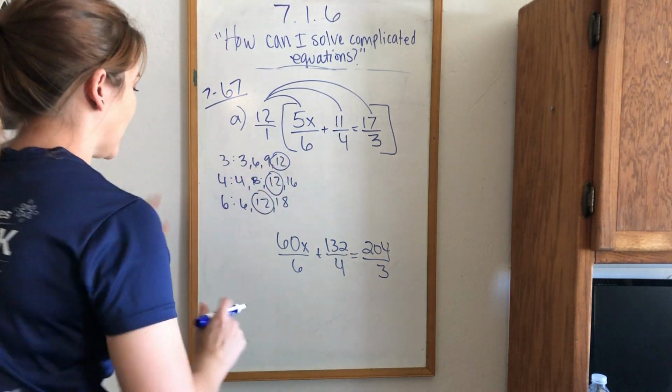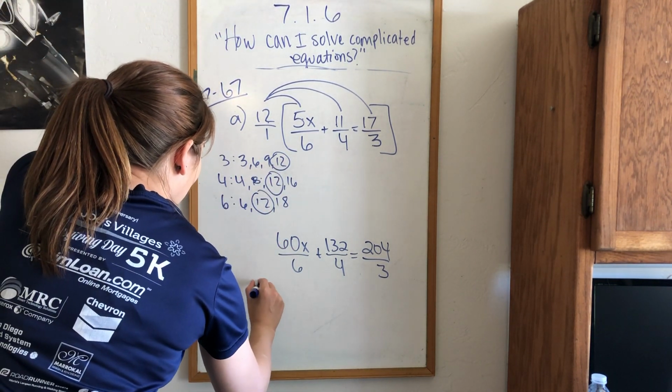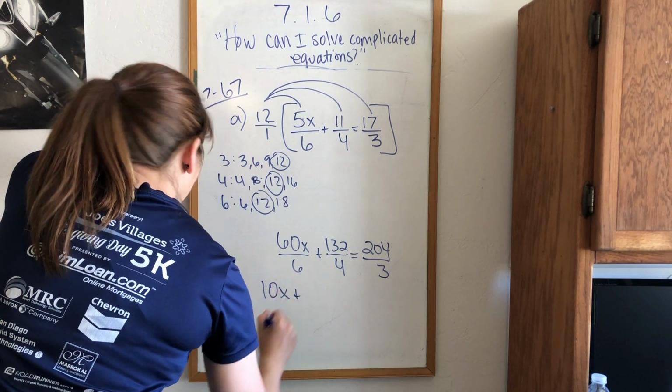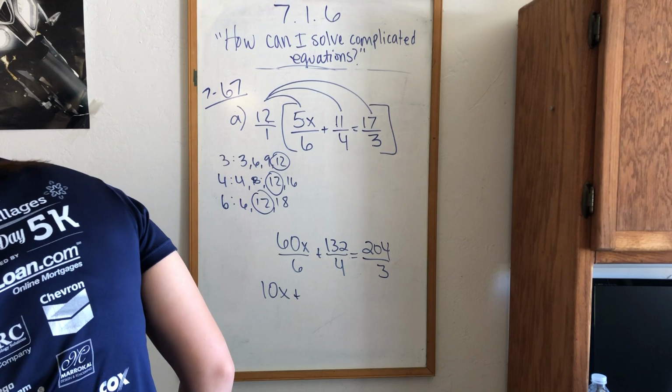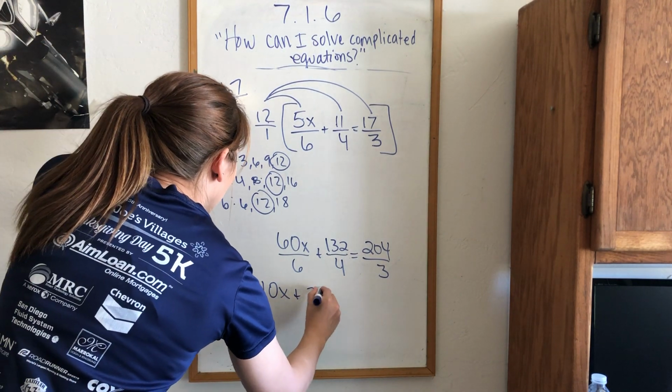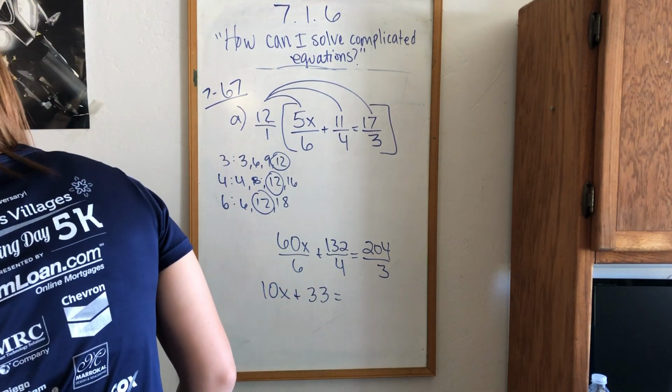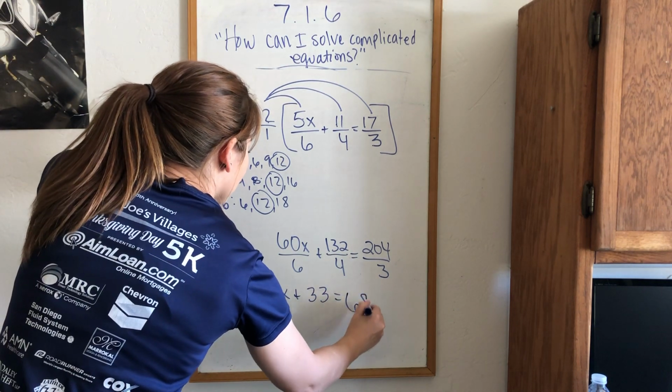Whoa, yes, that's right. Okay, 60 divided by 6 is 10x plus 132 divided by 4 is 33. 204 divided by 3 is 68.